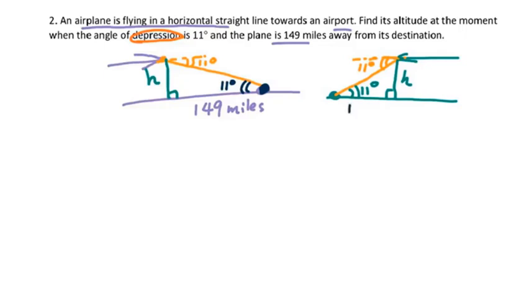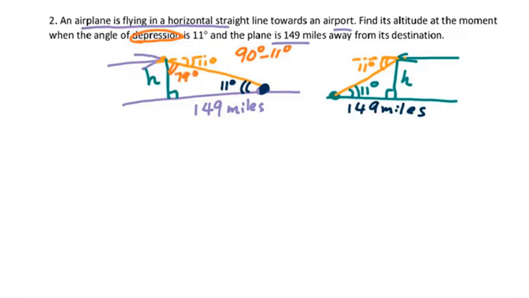You can use SOHCAHTOA or you can use the sine law. I will just show you the sine law. This will be 90 degrees minus 11 degrees, 79 degrees.